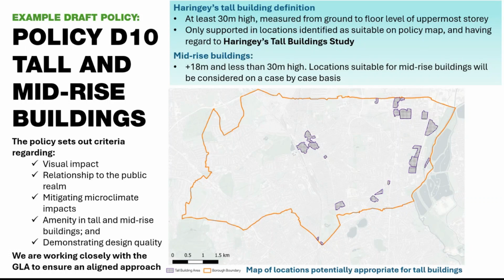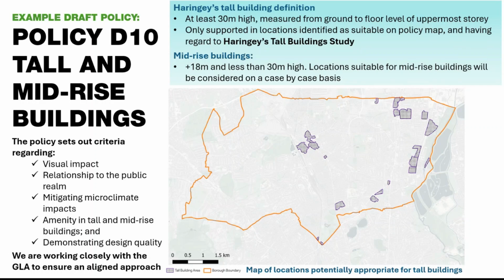We're doing more studies, volumetric studies, with 3D modelling to test these locations that have been identified, to ensure that they are appropriate and in harmony with important local views. That work is ongoing, and it will be finalized for Reg 19, the next stage of consultation.